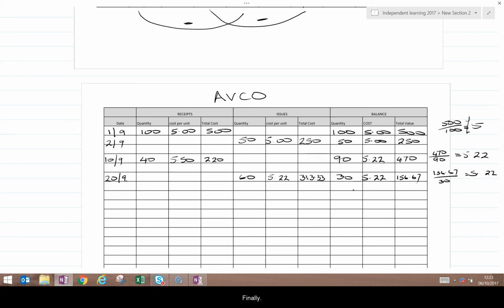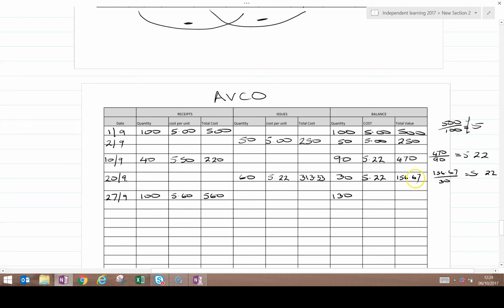And finally, on the 27th of the 9th, we received 100, paid £5.60, £560. Add that to what we already have. We now have 30 plus 100, 130.